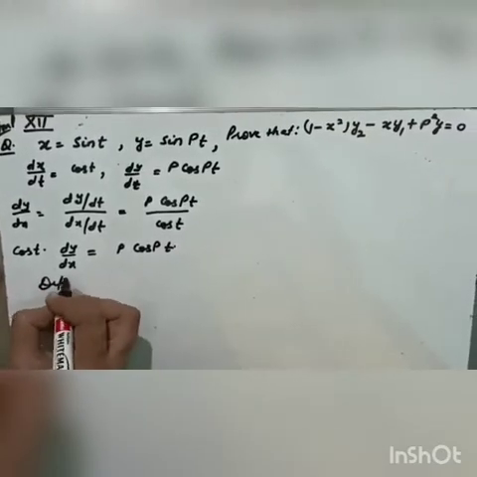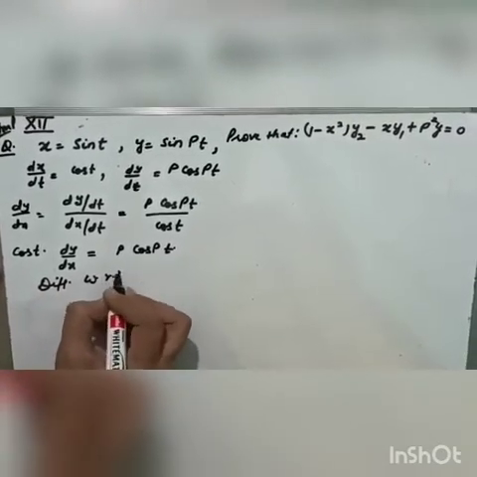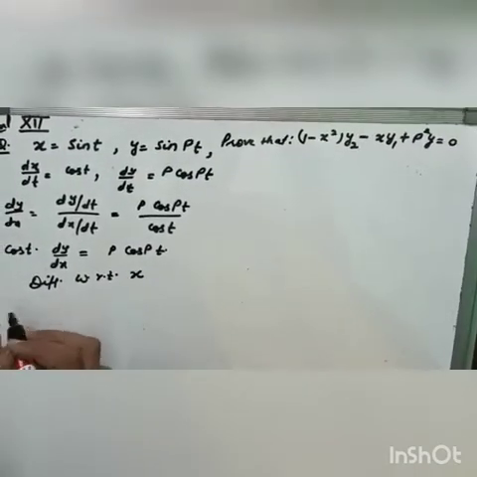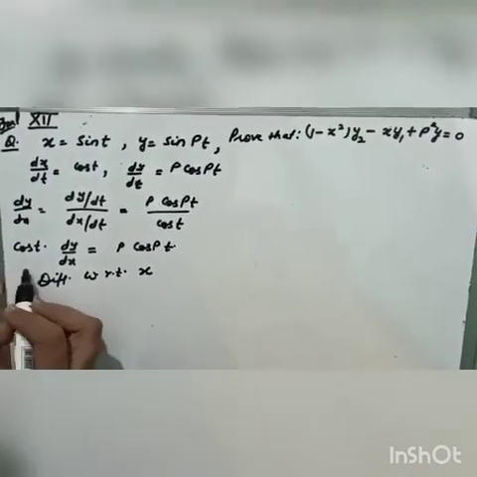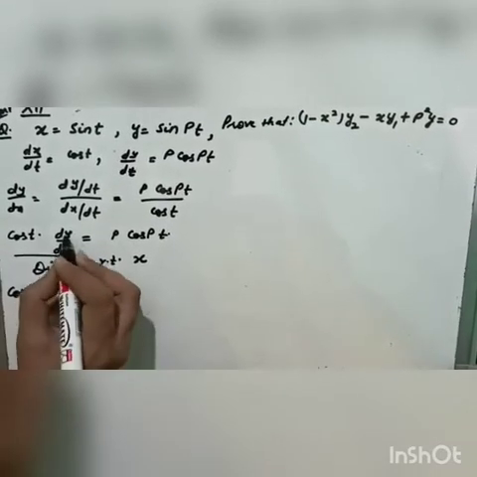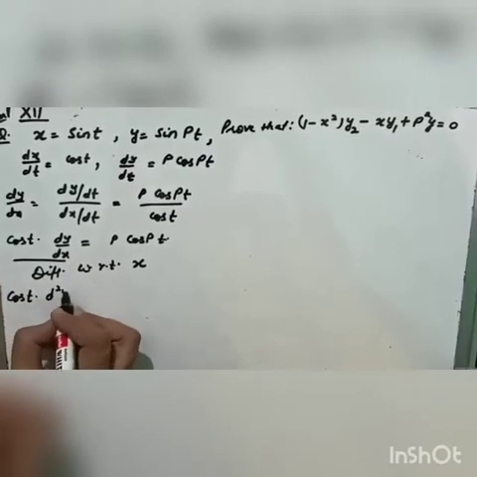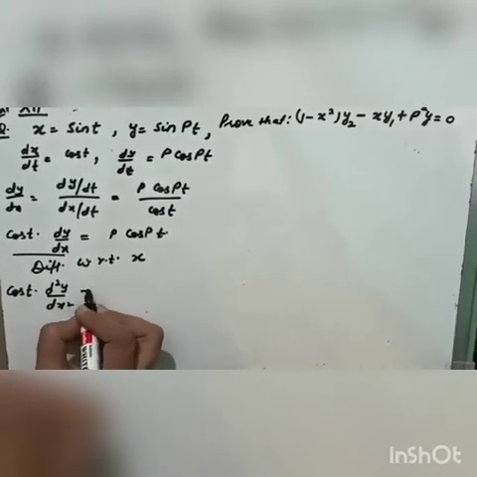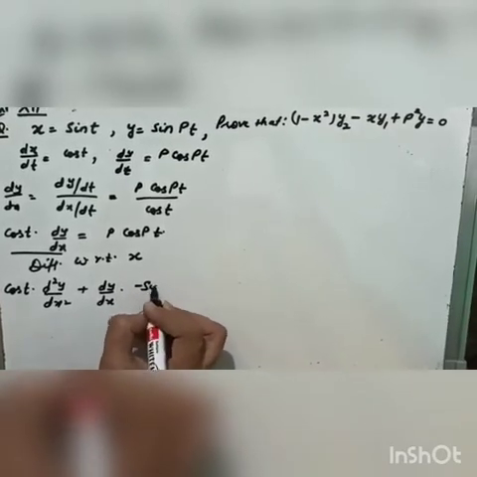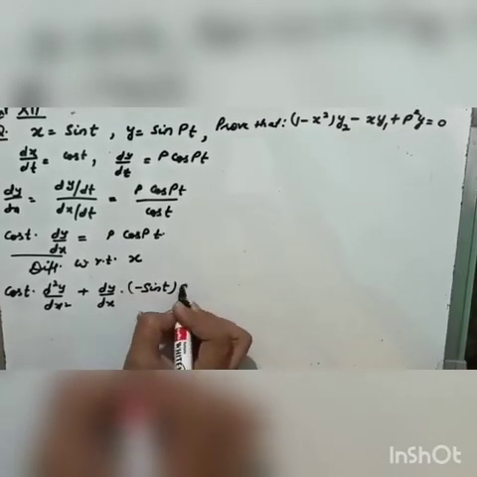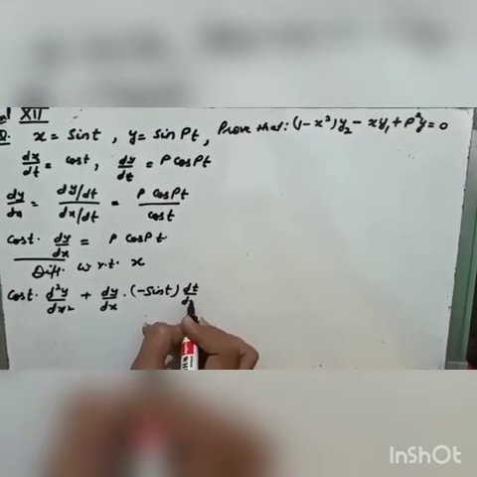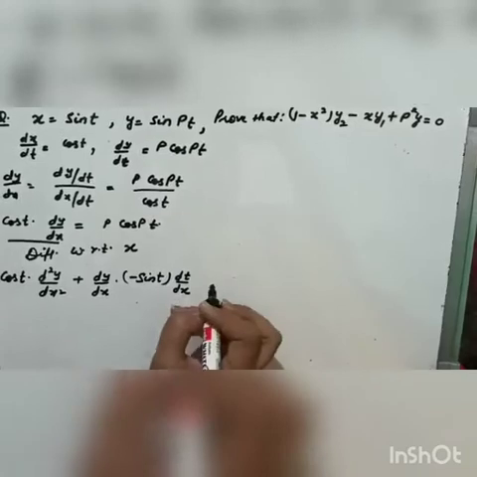Now differentiate with respect to x. As there is a second order derivative in the answer, we have to differentiate 2 times. So differentiate with respect to x, apply product rule here. Cos t as it is, dy by dx derivative is d2y by dx square, plus dy by dx as it is, cos t derivative is minus sin t, and as it is a function of t, the derivative of t with respect to x is dt by dx.